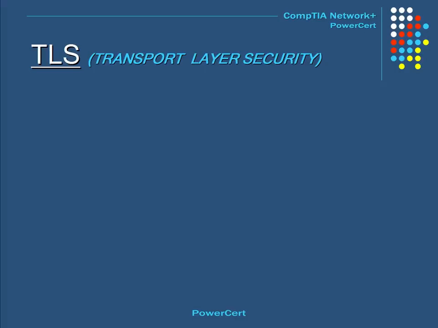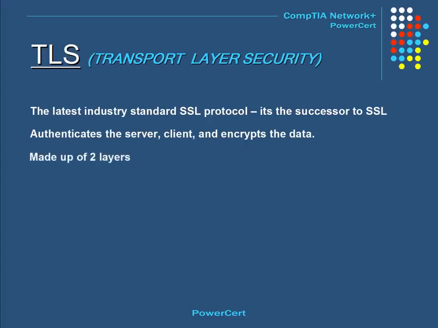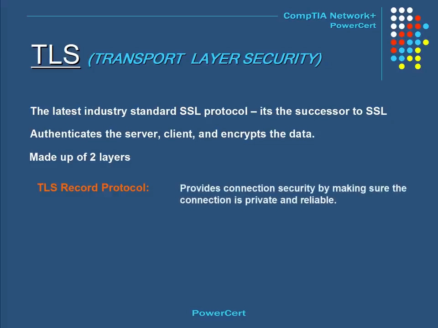Transport Layer Security is the latest industry standard SSL protocol. It's the successor to SSL, and it's based on the same specifications. Like SSL, it also authenticates a server, client, and encrypts the data. And TLS is made up of two layers. The first layer is the TLS record protocol, which provides connection security by making sure the connection is private and reliable.